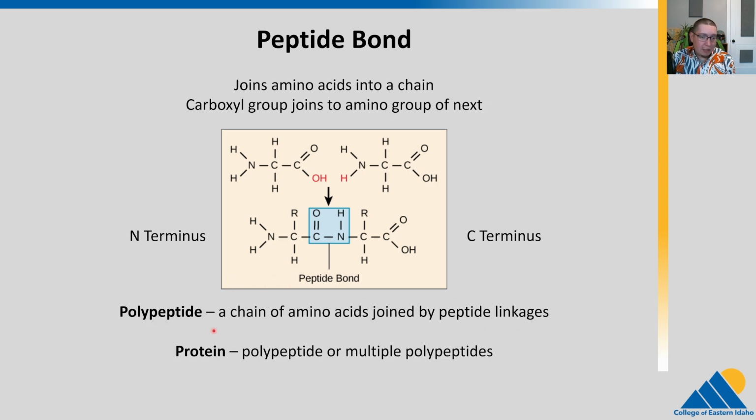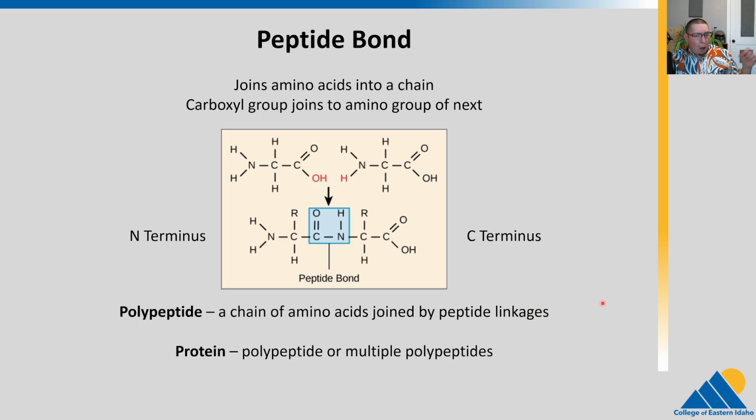Technically, a protein is one polypeptide or multiple polypeptides together. I'll come back to that in a moment. I'll show you some diagrams to explain that difference. I might use these terms interchangeably. Technically, they're different. Don't worry too much about it, but know that a polypeptide is a chain of amino acids joined together with that peptide linkage.